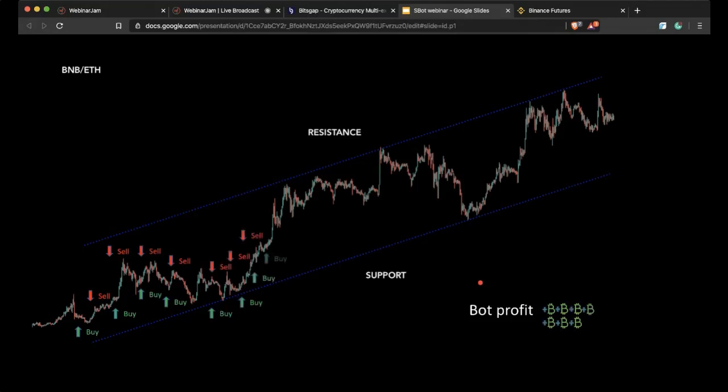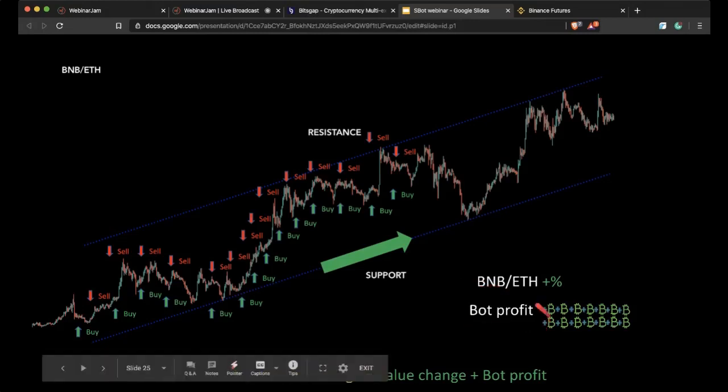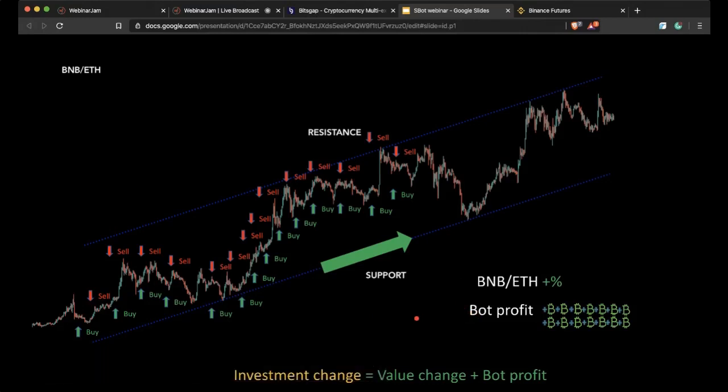And here is the visualization of the bot profit generation. So once again, that's the profit maximization. Not only are you affected by the value change of the BNB, but the bot itself makes you profits. Your investment value change is nothing more than the value change plus the bot profit. And that's the maximization effect.